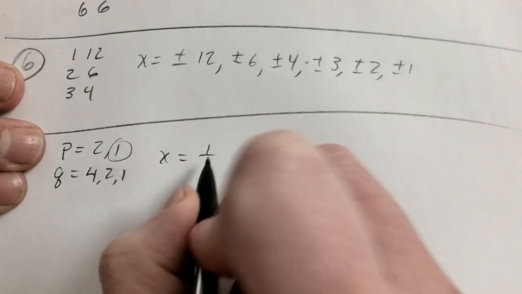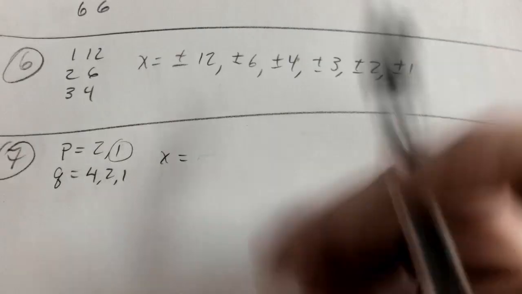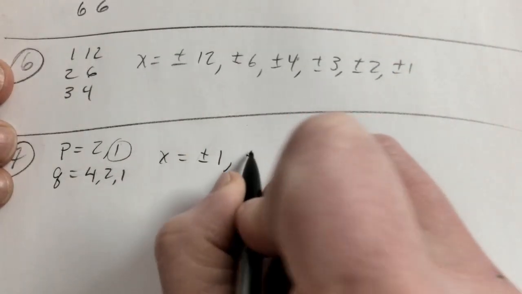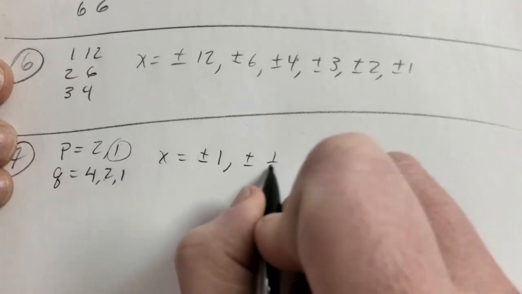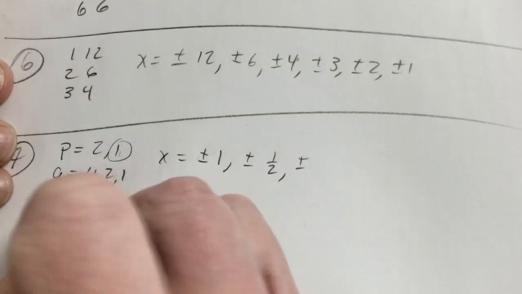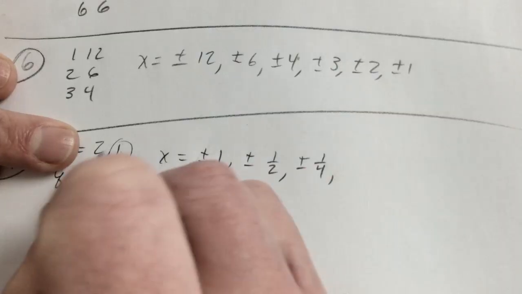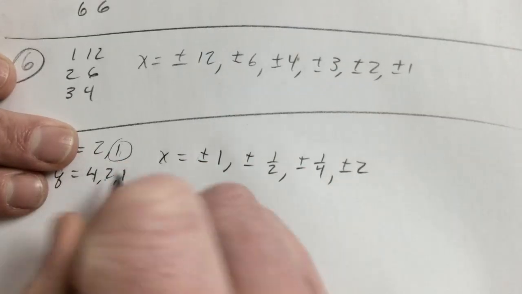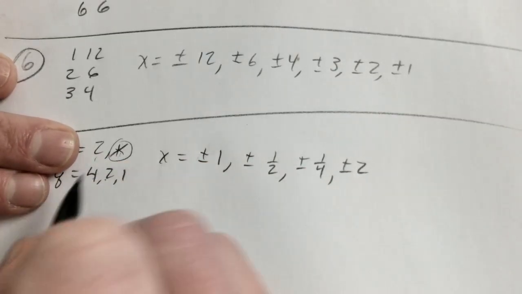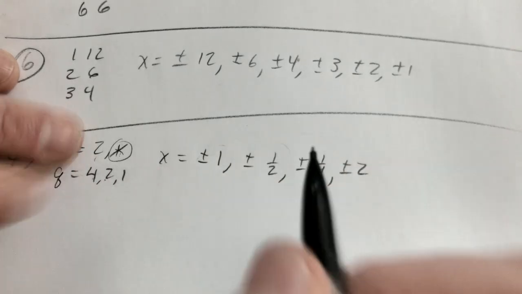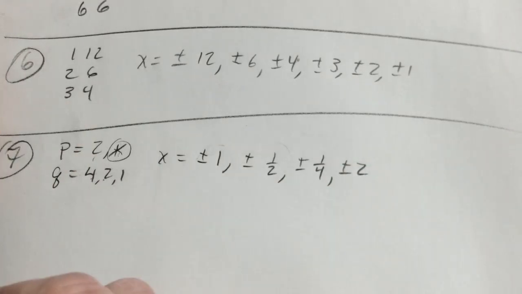So plus or minus 1 over 1 is 1, plus or minus 1 divided by 2, plus or minus 1 divided by 4. Now 2. Plus or minus 2 over 1 is 2. 2 divided by 2 is 1, I already have that, and 2 divided by 4 is 1/2, and I already have that. So that one was actually pretty friendly.